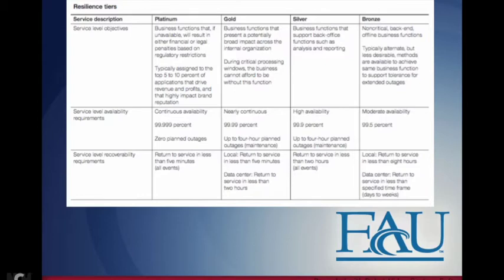And what they're saying here is that these are business functions that can basically be disrupted for up to about 4 hours of outage, and they basically need to return to service pretty promptly, within 5 minutes at the local site, and at the data center within a couple of hours.